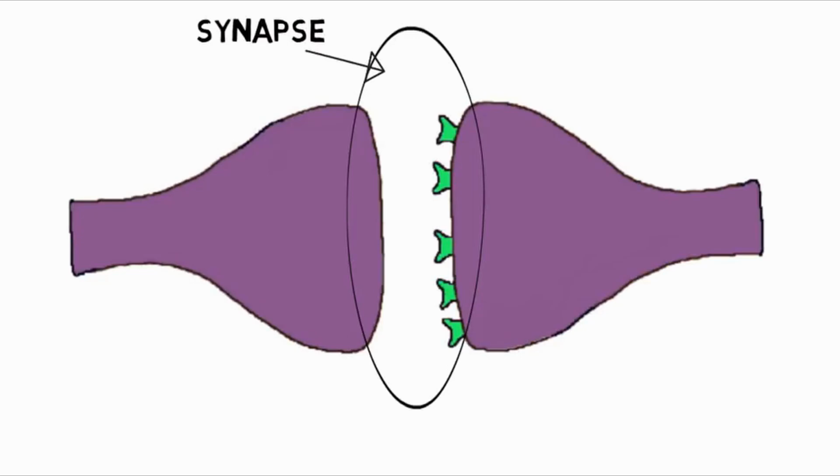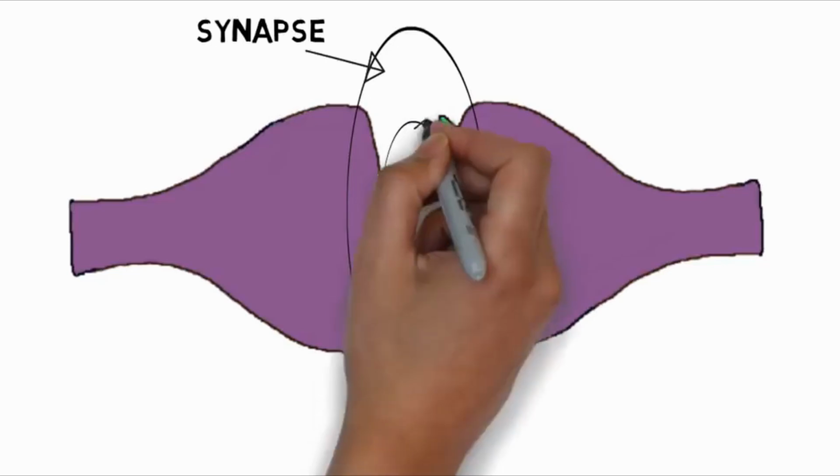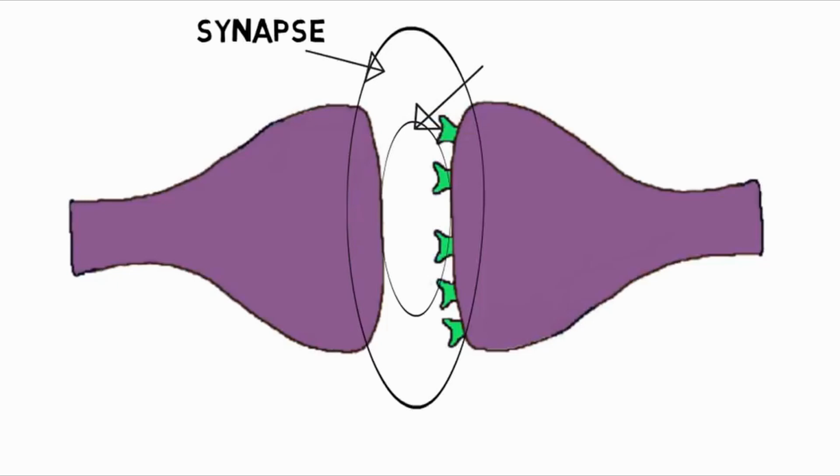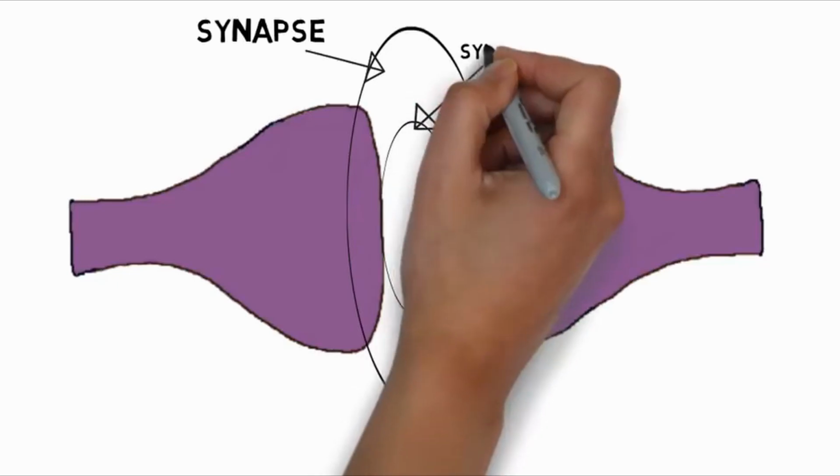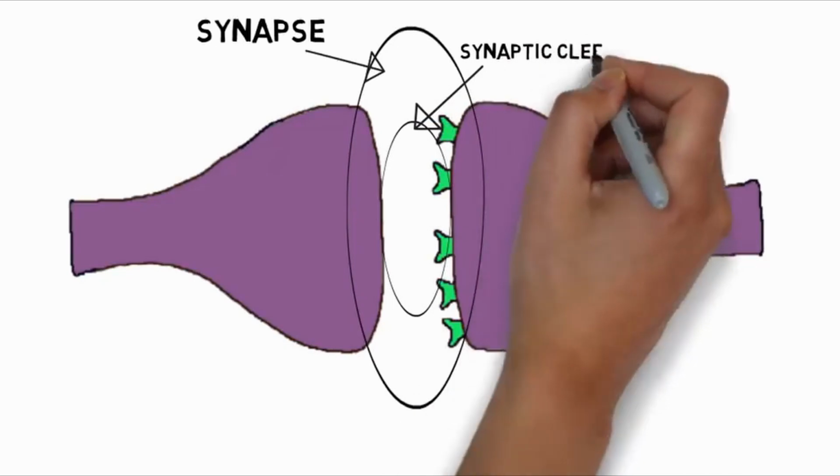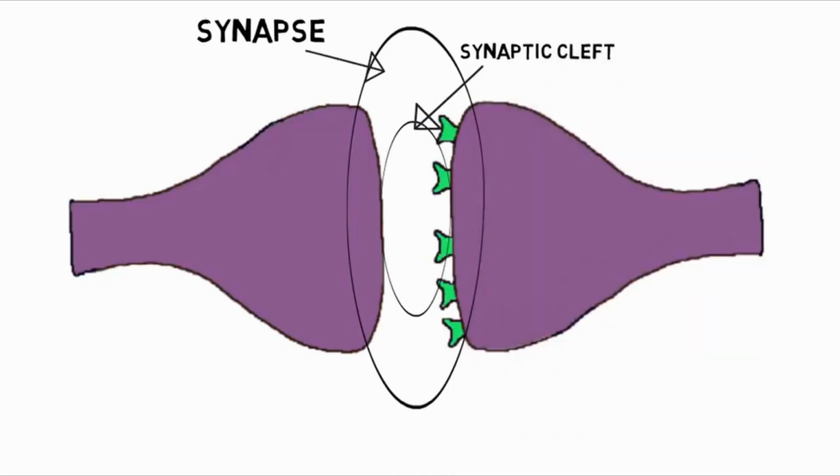Understand that they don't actually touch. Instead, there is a small microscopic gap that separates the two. You've heard the name of this gap, I'm sure. Sometimes you've heard it used incorrectly, but this gap is called a synapse.